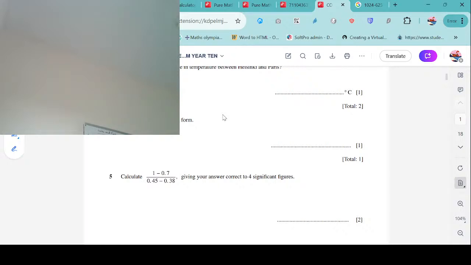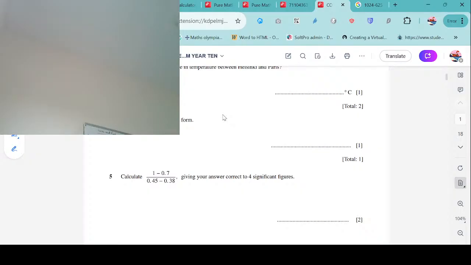So for this one, I use a calculator. Let me try to do the top. So this is going to be 1 minus 0.7, that will be 0.3. Let me do the bottom. This will be 0.45 minus 0.38.